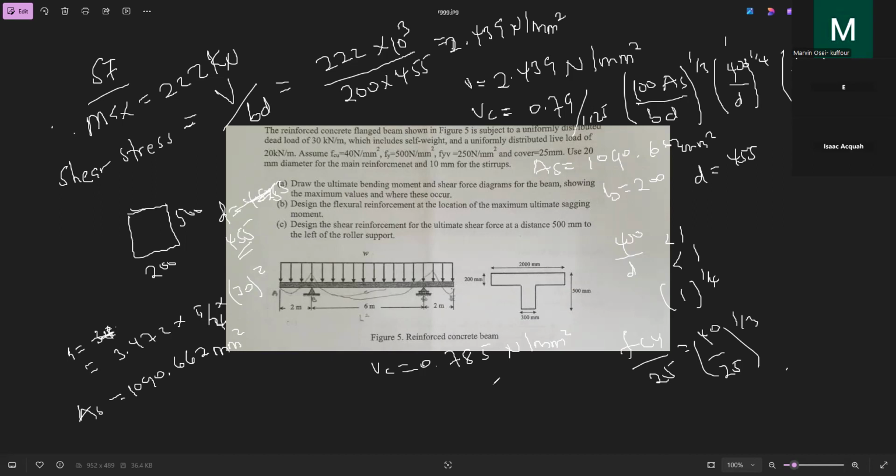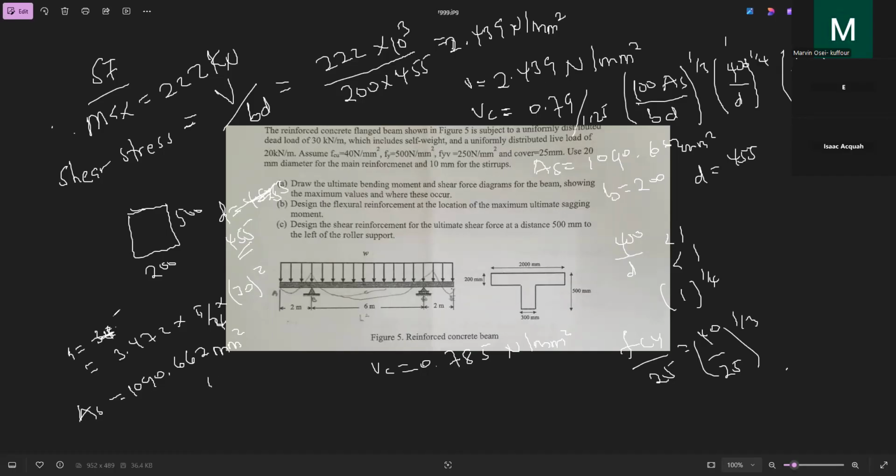So with this value, then in the code, it's in a tabular form. It says that you have to check for certain conditions.